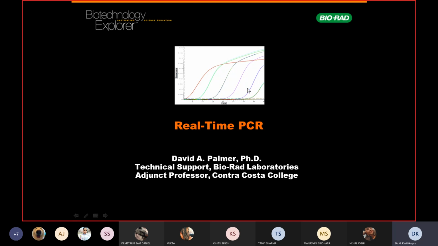Each curve has a different starting point. Just remember that you can essentially have different starting points, and each of these has a significant meaning, and this is what is now used for quantifying.